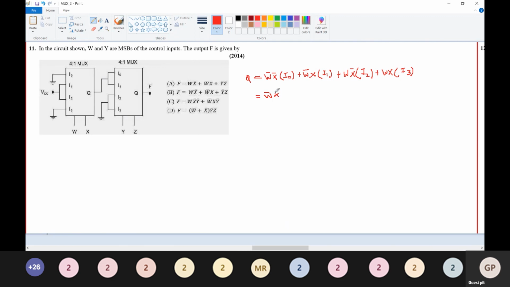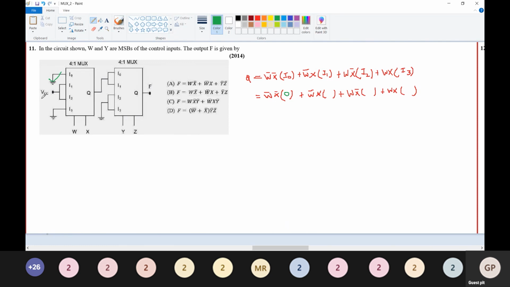Now we'll write the corresponding input values. I naught is grounded, so it is 0.